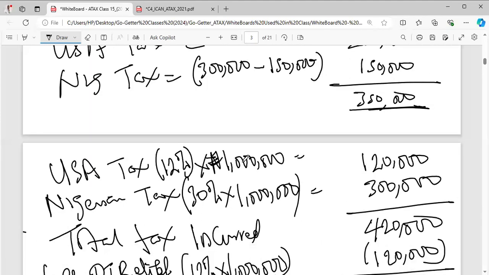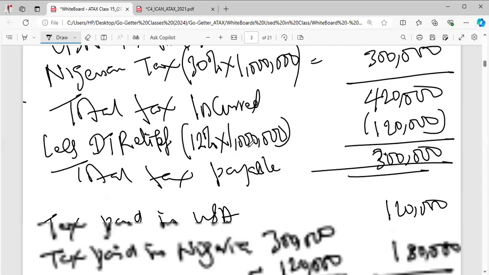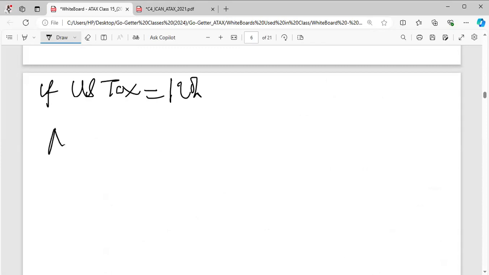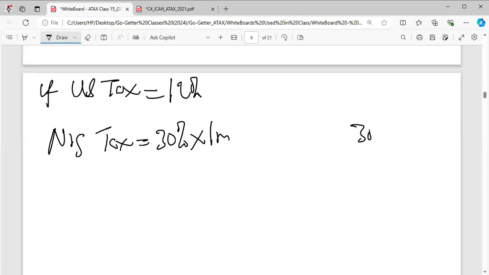Okay, so let's do the second example here when the US tax is 12%. Let's see what will happen. If US tax equals 12%, of course we know Nigerian tax is 30% multiplied by 1 million, that's 300,000.